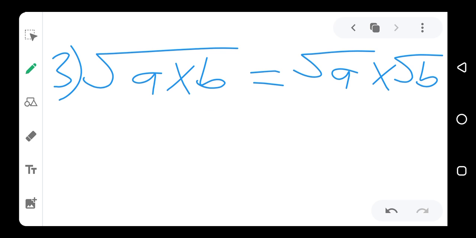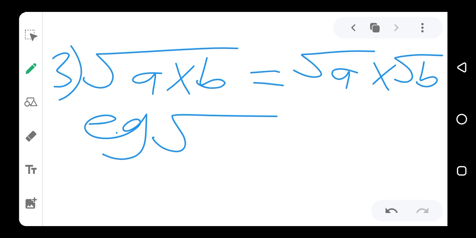Now, example, if we have root of 2 times 16, we can separate these two roots.